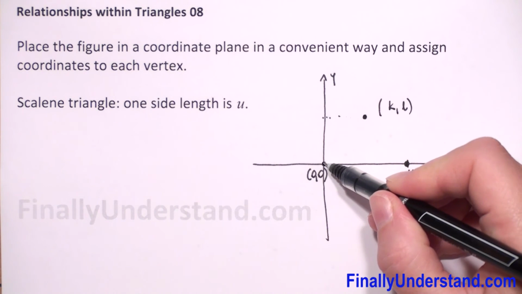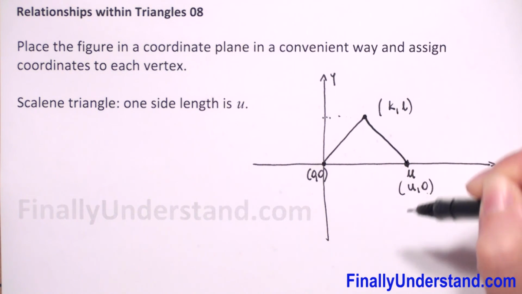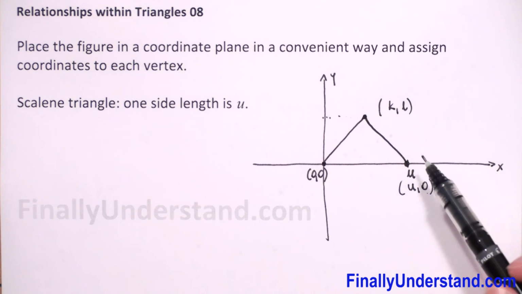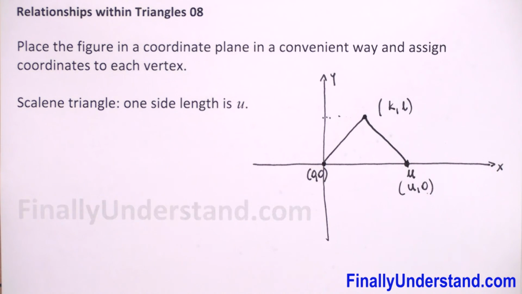So we see that for a scalene triangle we need to use 3 different variables. We have one u, and I use k and l. So this is my solution.